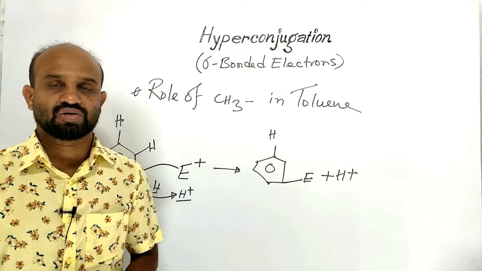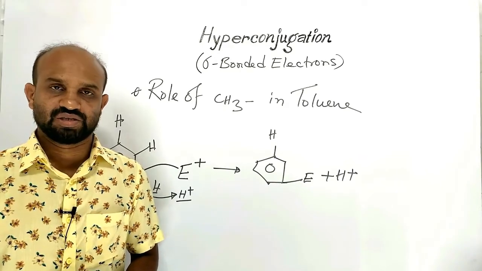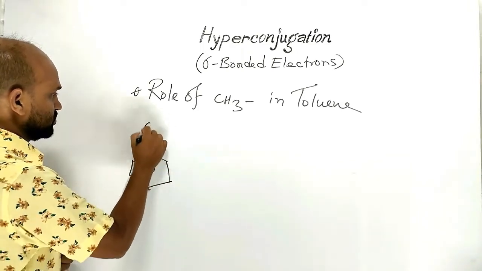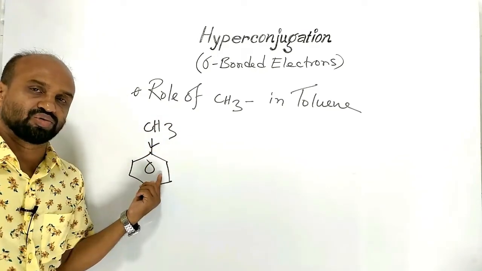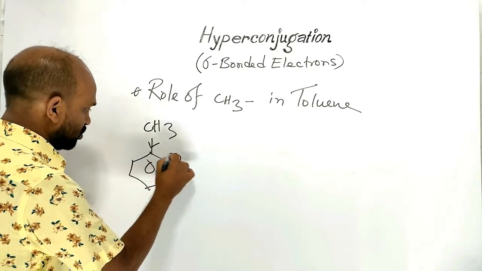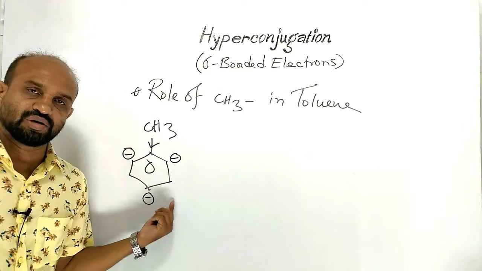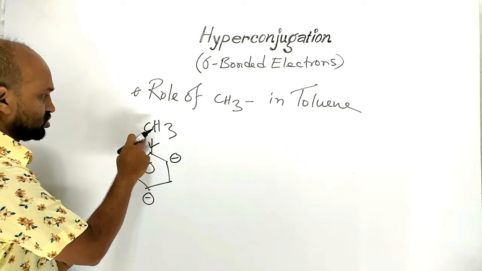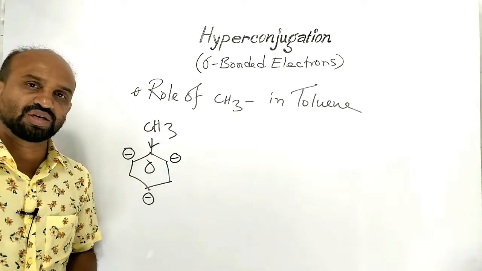Electrophilic substitution occurs. But how does the methyl group affect this benzene ring? Let's see. This methyl group pushes electrons through hyperconjugation. As a result, these ortho positions and para position become electronically rich because of the electron donating nature of the methyl group through hyperconjugation in toluene.